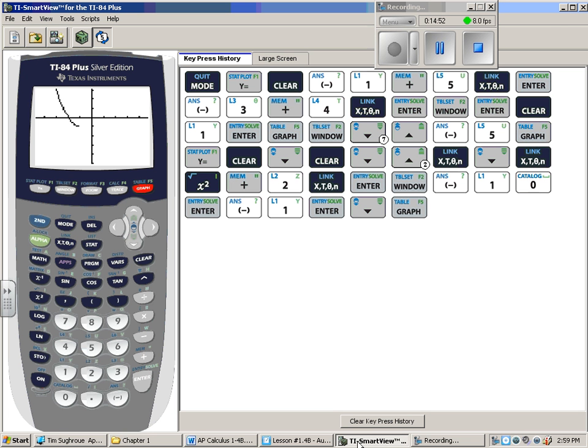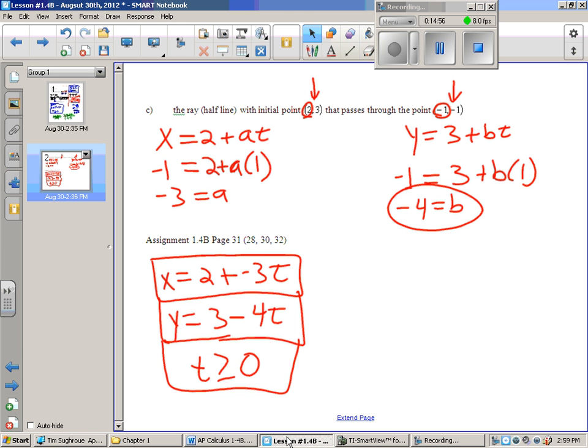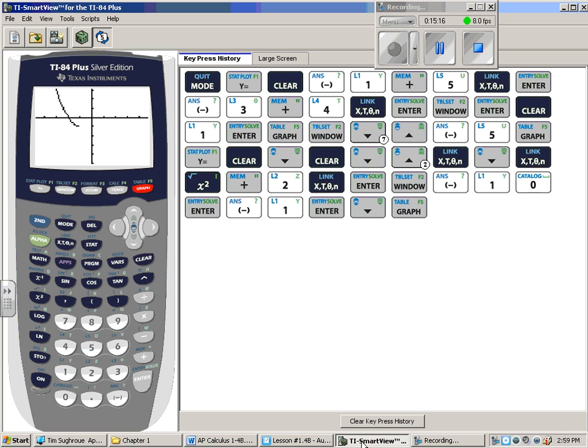So here we go. Let's type these two in. I've got to write them down here quickly. The x coordinate, again, is going to be 2 minus 3t. The y coordinate is going to be 3 minus 4t. And the time parameter interval is going to be t is greater than or equal to 0. So here we go. I'm going to clear this out.